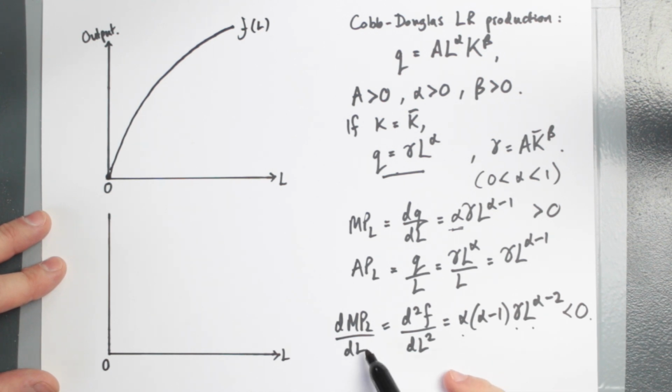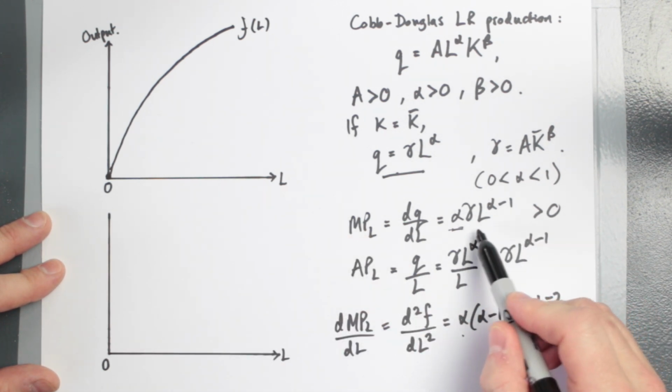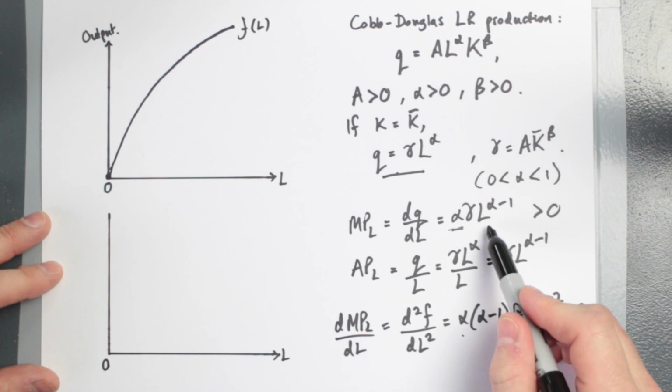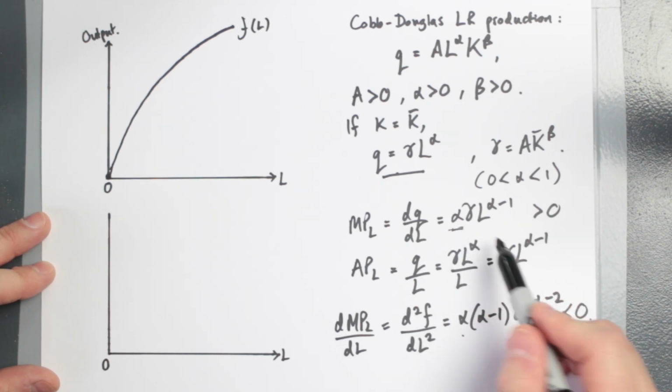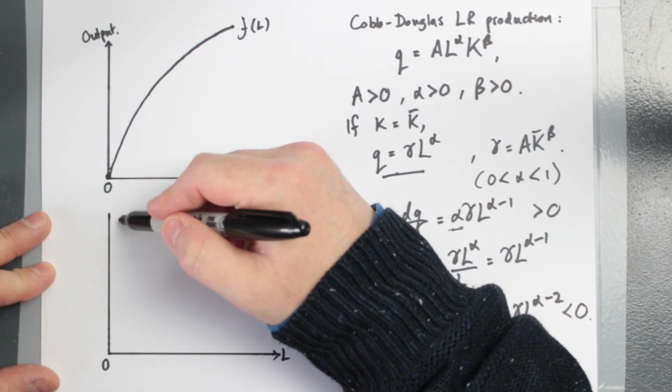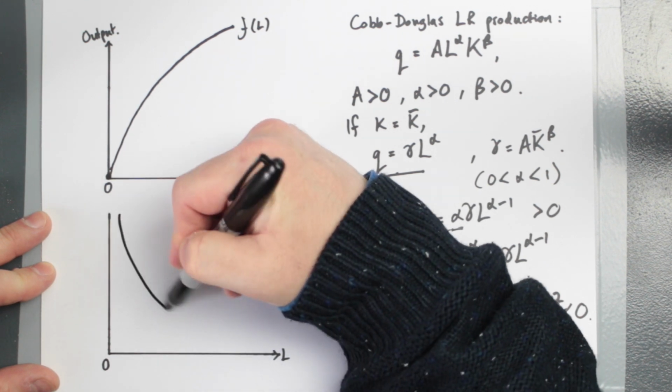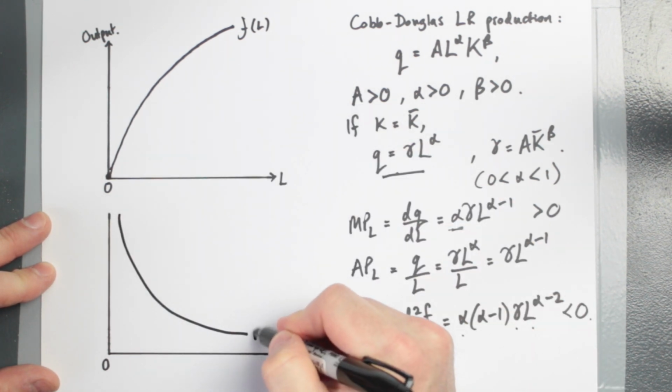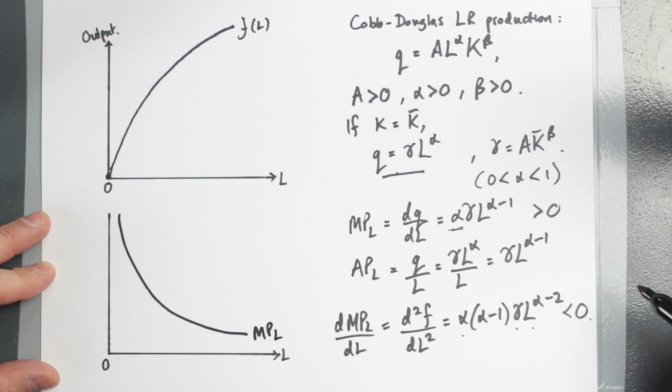Well, I know that the marginal product of labour is decreasing because the derivative of the marginal product of labour with respect to L is negative. So it's going to start very high, and then as L goes to infinity, it's going to tend to 0. So it's going to have this shape like this. So this would be the marginal product of labour.